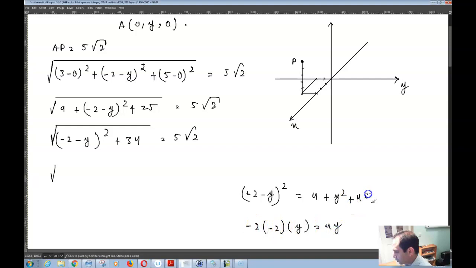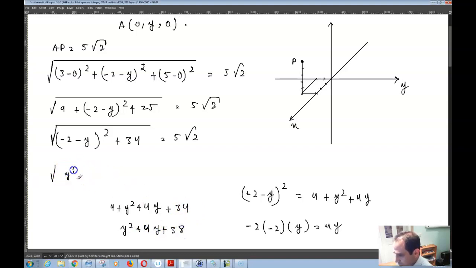So over here I would have 4 plus y squared plus 4y plus 34, which is the same thing as y squared plus 4y plus 38.